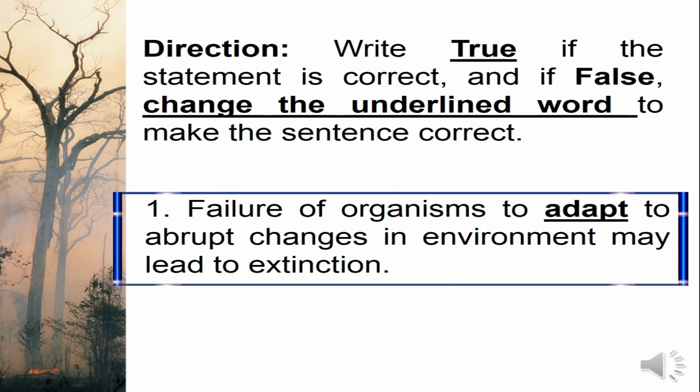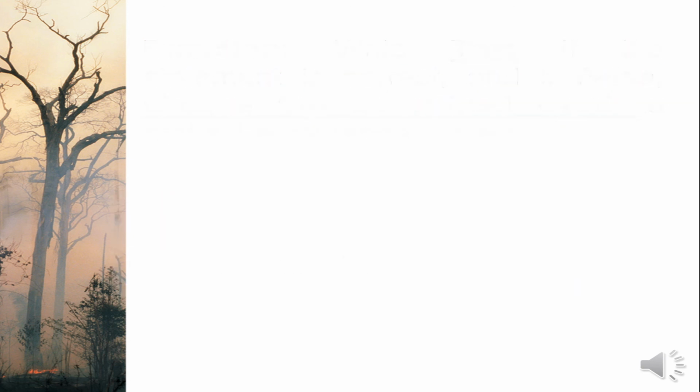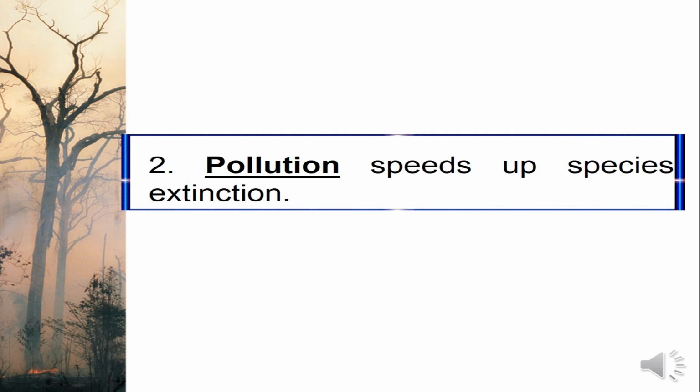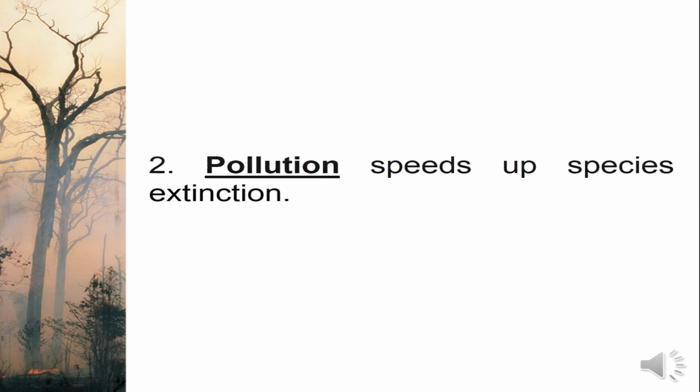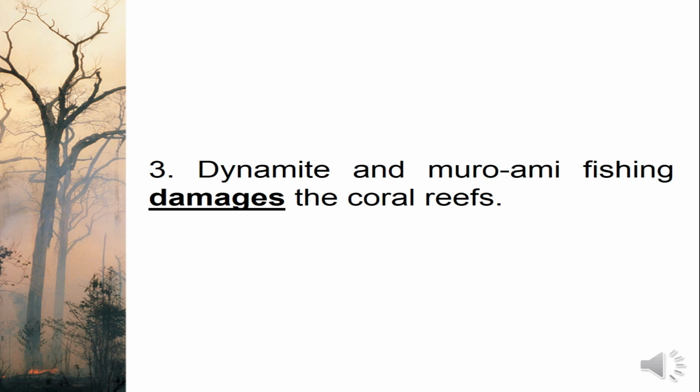Number 1. Failure of organisms to adapt to abrupt changes in the environment may lead to extinction. Number 2. Pollution speeds up species extinction. Number 3.